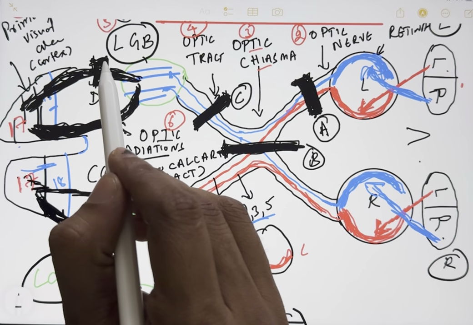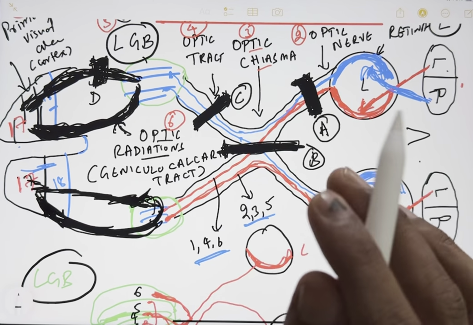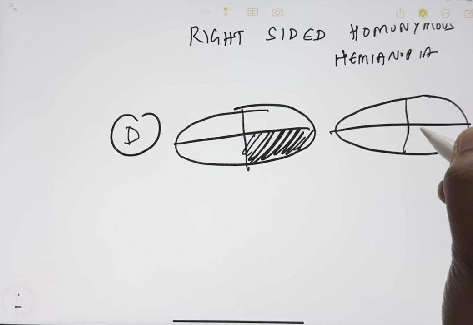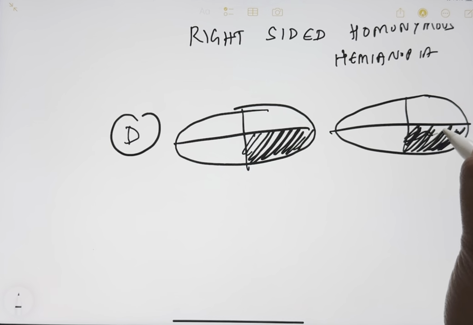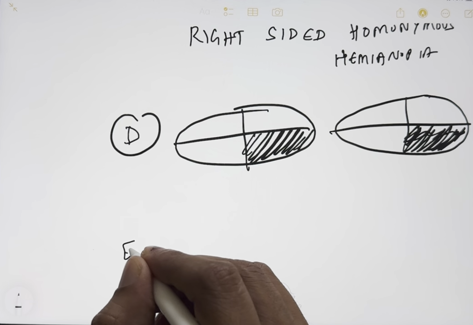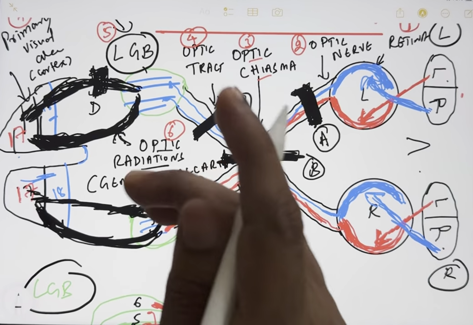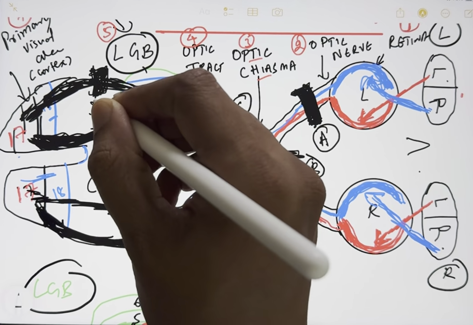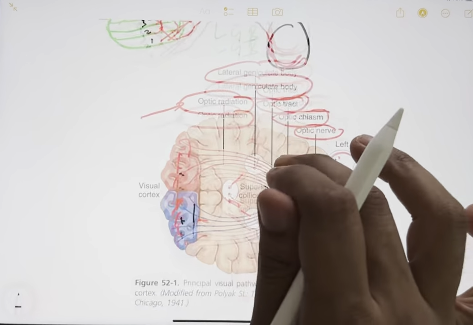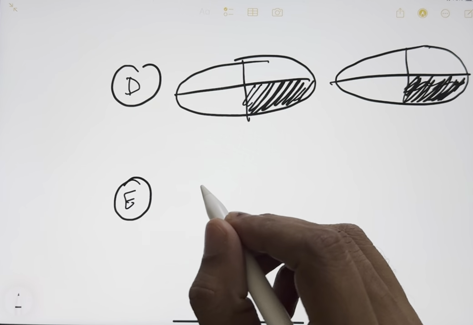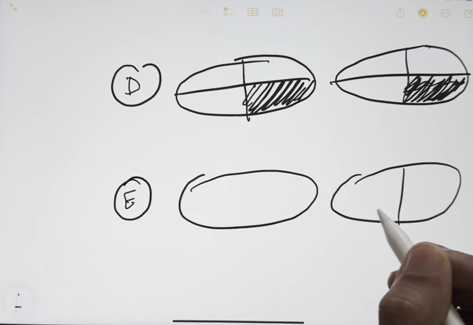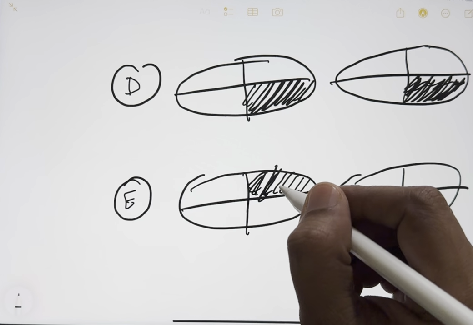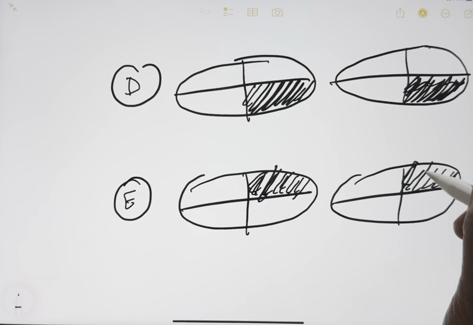And if the damage is to the superior fibers, the inferior part will be affected. So, a right sided inferior defect will be seen in superior optic radiation lesions. Similarly, we will mark one more lesion, lesion number E, on the inferior optic radiation. Then the same thing, right sided quadrantanopia, but the superior part of the visual field is affected.